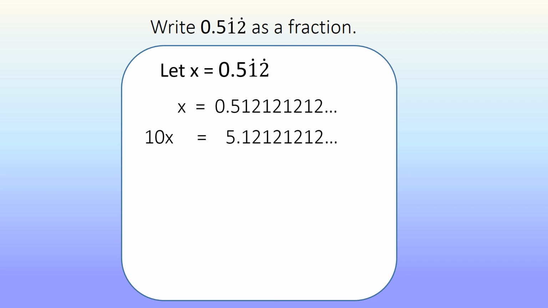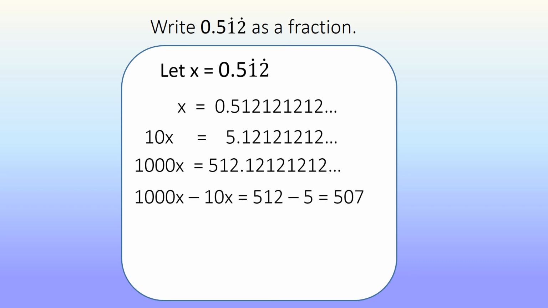So multiplying 10x by 100 actually gives us 1000x. And multiplying the right-hand side by 100 gives us 512.121212. So now we can subtract 10x from 1000x, which will give us 512.121212 subtract 5.121212, and those recurring bits again cancel out.